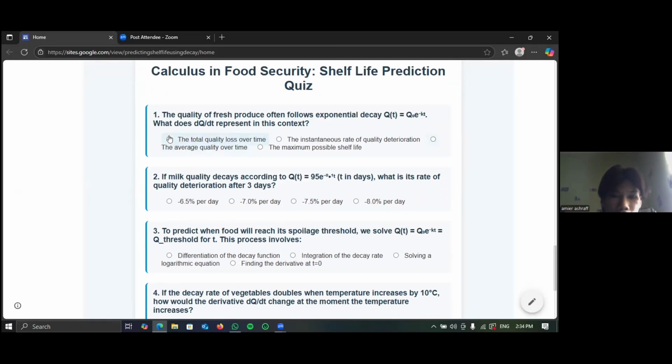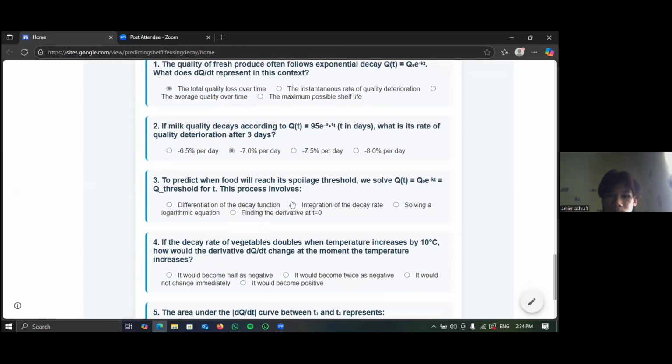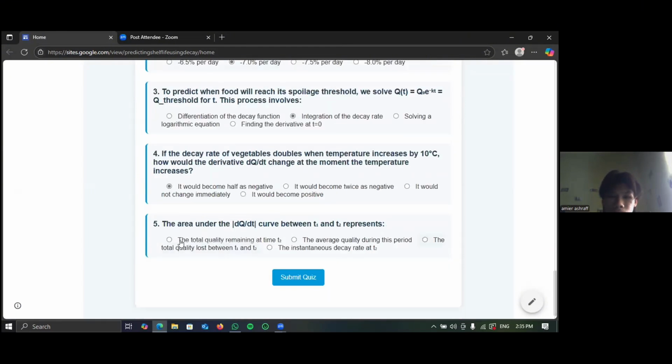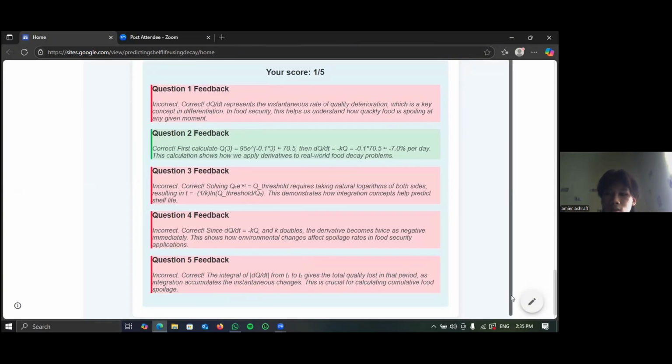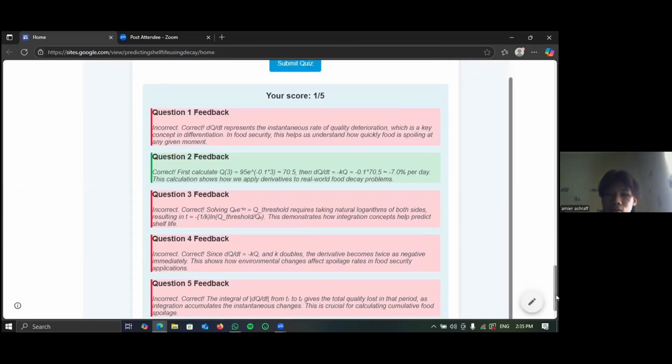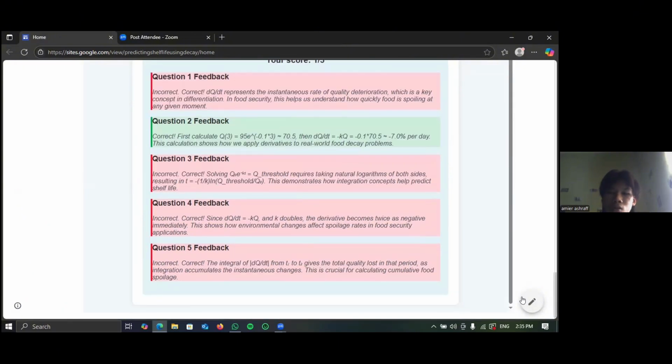As an example, if you choose this and submit the quiz, the answer will appear on the screen. So it is also a dynamic simulation.